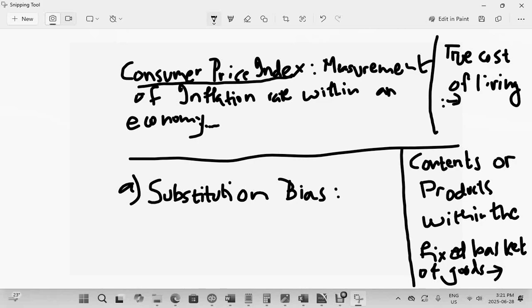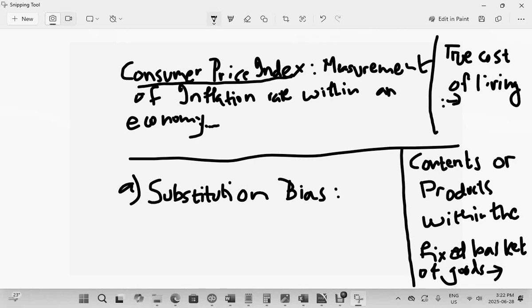Consumers may choose substitute products if the price of a product goes up. They may choose the same product if the price goes down and buy in larger quantity. So the weighted average that we calculated to figure out the inflation rate in the last couple of videos may be different, not to mention the content of goods for which we calculated the weighted average may be different as well.